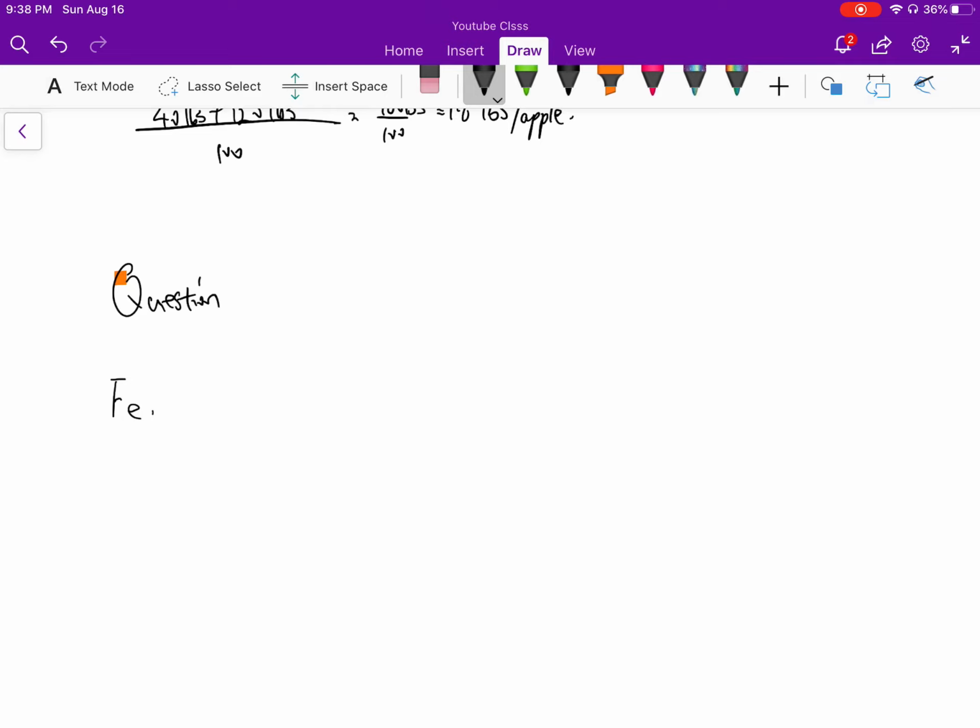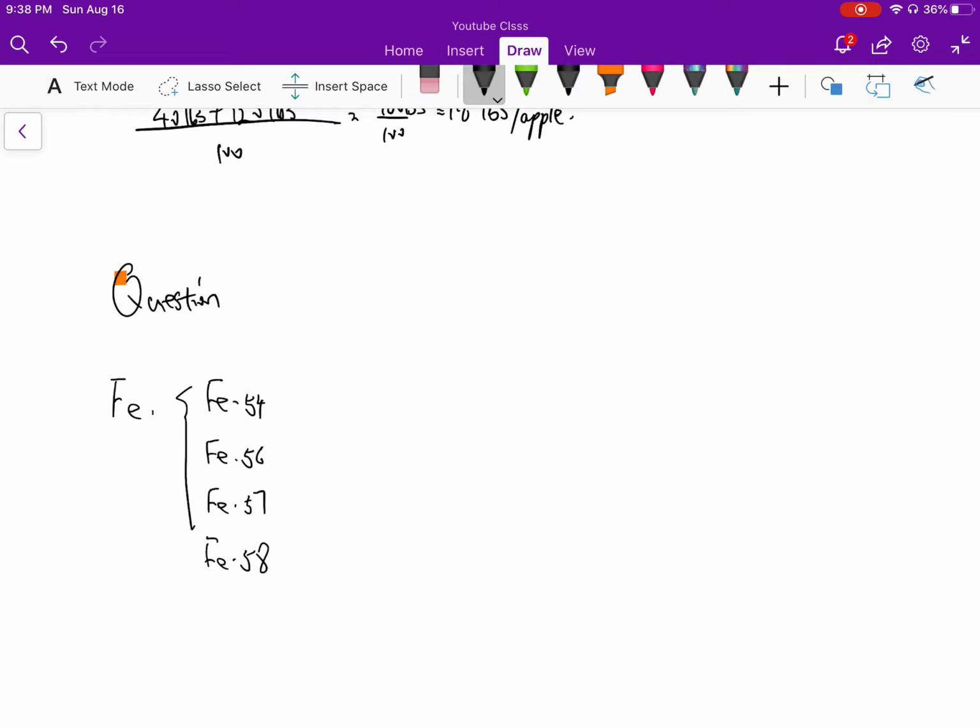And they will tell you this element has several isotopes: Fe 54, Fe 56, Fe 57, and Fe 58. You don't have to care about these numbers. You just have to know they're different. They have different atomic weights.